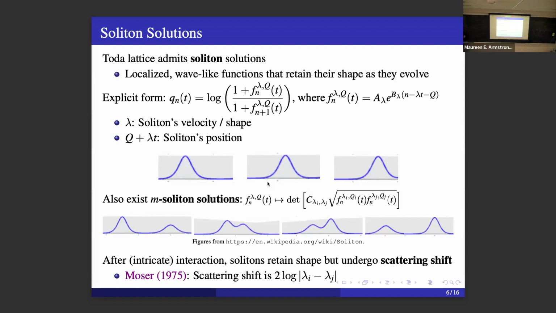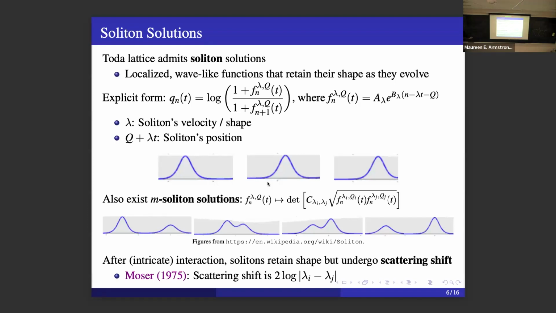Now I have another soliton here, and this soliton will move forward at speed lambda originally, but then it will start to mesh with the other soliton according to some very bizarre interaction. But after it meshes, it will reappear, and it will look as if it did before.